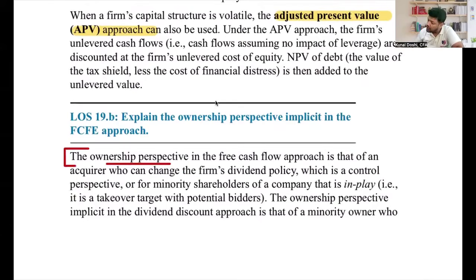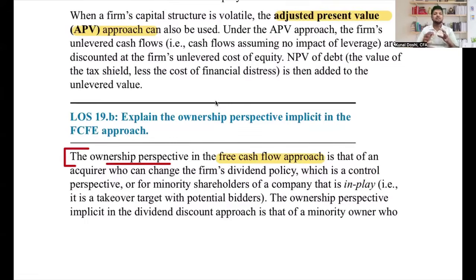Whenever there is an ownership perspective, in that case, if you're going to be the major or controlling stakeholder, basically the acquirer of the company, the dividend policy is in your control. So you can tweak or change the dividend policy. The past dividend policy of the company is no more relevant for the future.